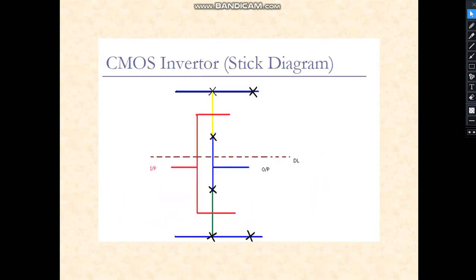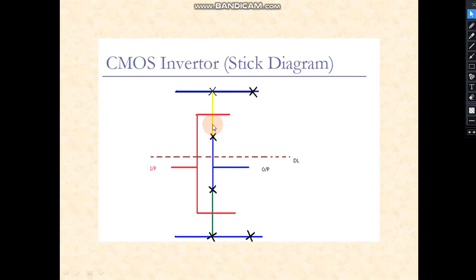So a quick review of the CMOS inverter is this. We have already discussed it in the introduction part of the stick diagram. As you can see in this figure, yellow color is for PMOS, green color is for NMOS, and these two diffusions can't cross the demarcation line. We have to connect these two diffusions with the help of metal.